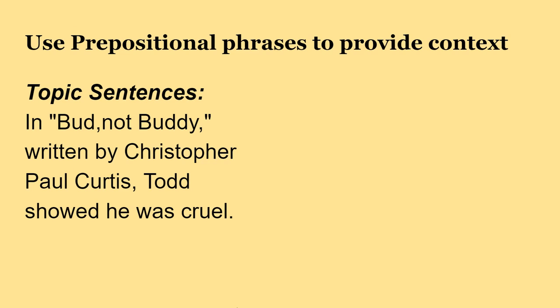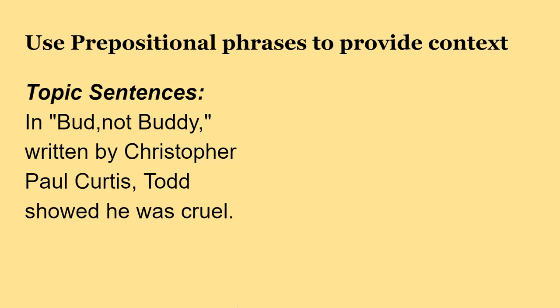Well, we're going to take a look at ways we can use prepositional phrases to add context to our topic sentences and our evidence sentences. Here's a very simple topic sentence. In Bud Not Buddy, written by Christopher Paul Curtis, Todd showed he was cruel. So here's a topic sentence about the character Todd Amos. Now, one thing you might notice is in the topic sentence that we normally write, we actually have a prepositional phrase there.